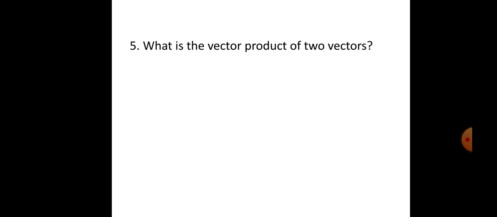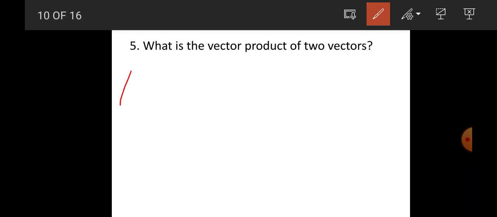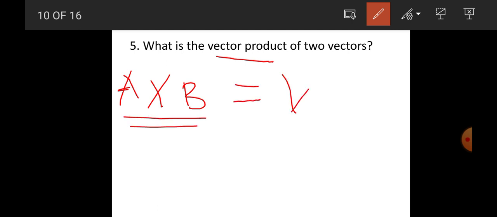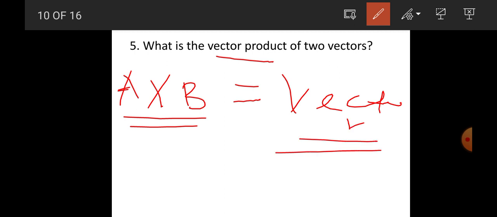That means, if a and b are vectors, a cross b, the vector product of a and b, is equal to a vector. When we find the cross product, or the vector product, of two vectors, the final result is a vector. But if we find a dot b, a dot b is equal to a scalar.